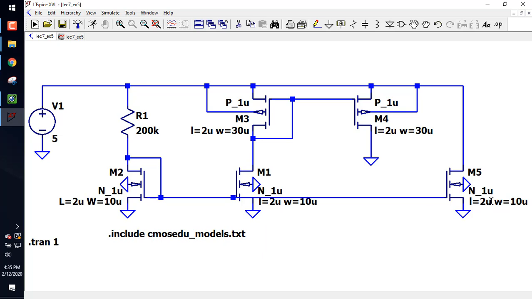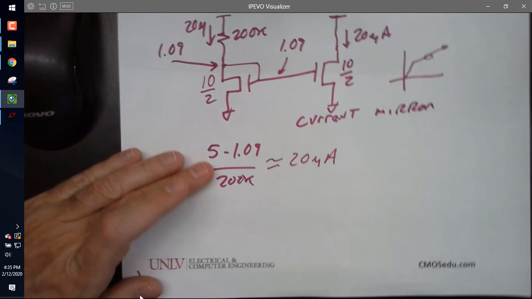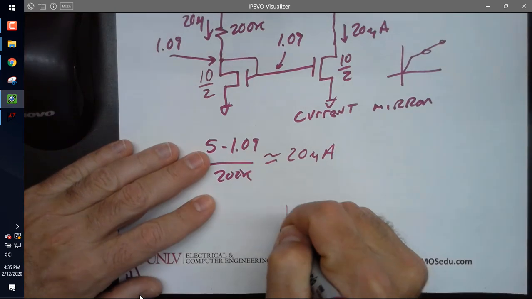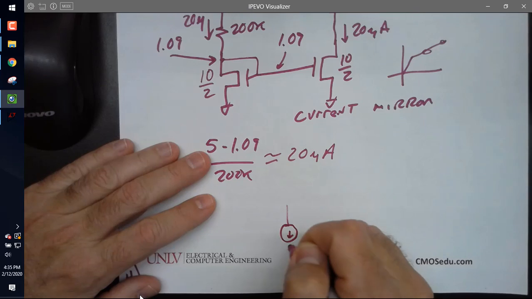So everybody see how this current and this current are going to be the same? And then I'm using this current to provide a current for this. So if I were to sketch just this part of the schematic, I'm going to show you because it was confusing for me and I don't know why now, but it was. So I'm only going to sketch this part of the schematic. And what I would have is the following. This is the NMOS of 20 microamps.